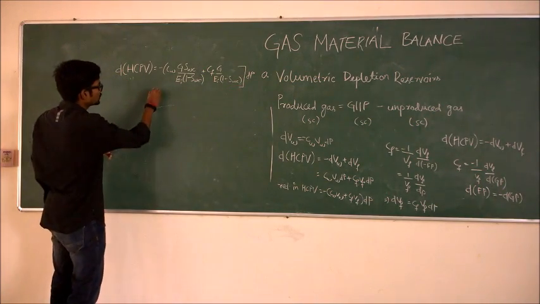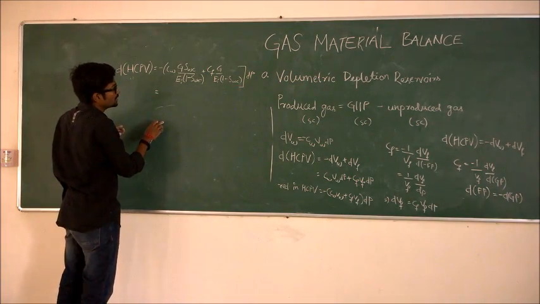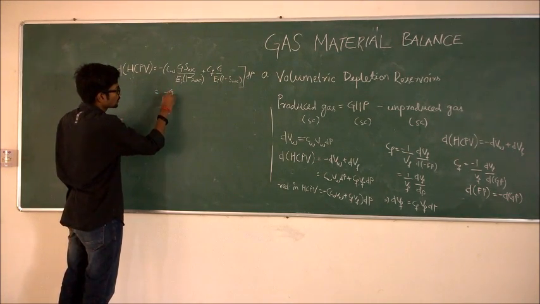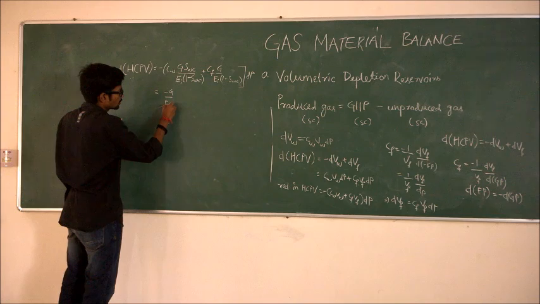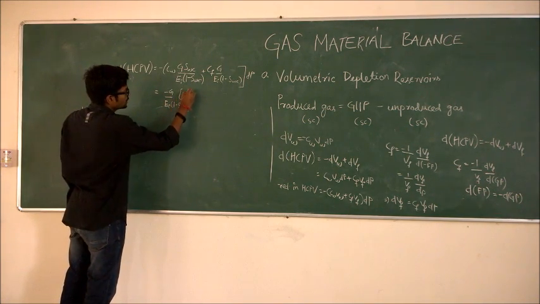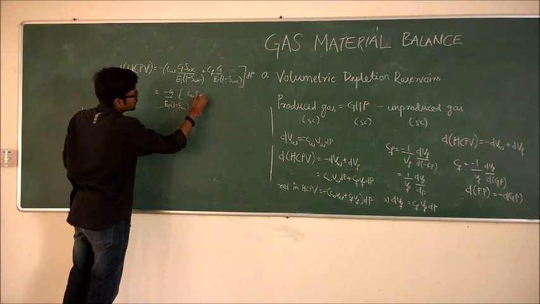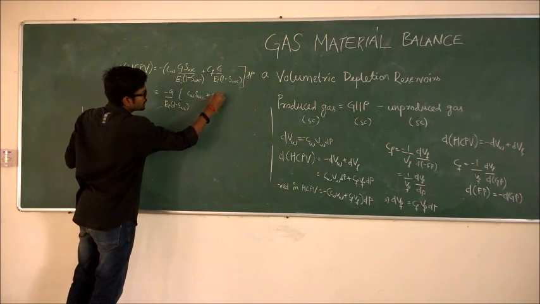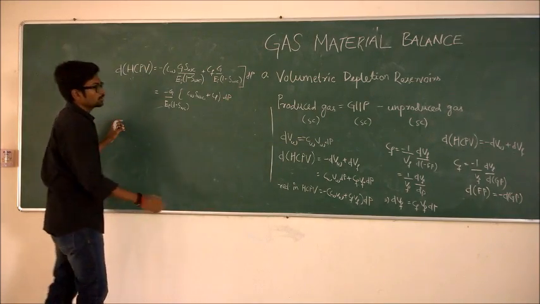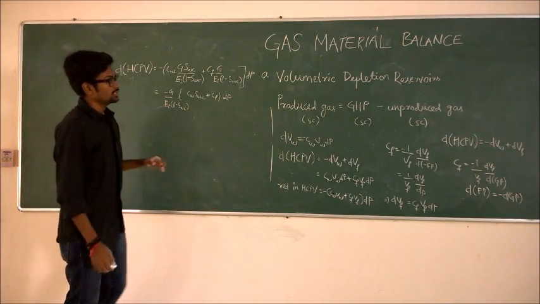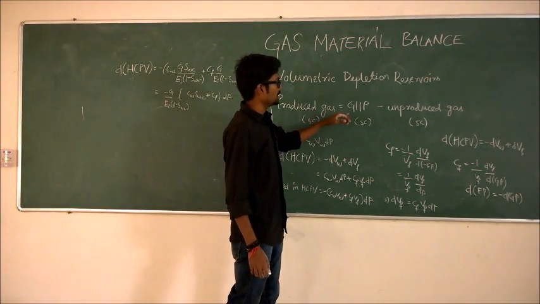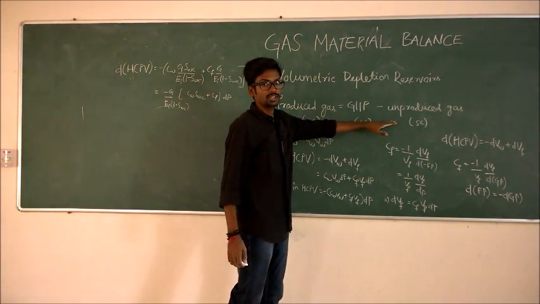Now if we take G by EI into 1 minus SWC common, we get CW SWC plus CF into dP. Now in this equation, the material balance, reduced gas is equal to initial gas in place minus unreduced gas.